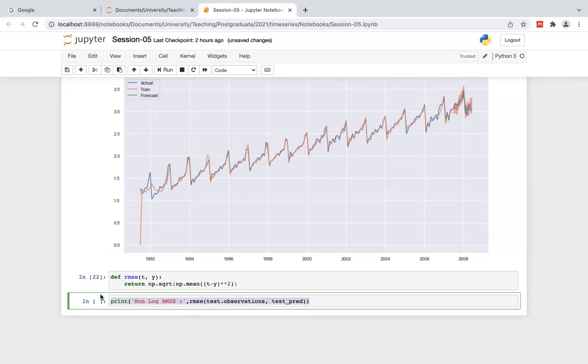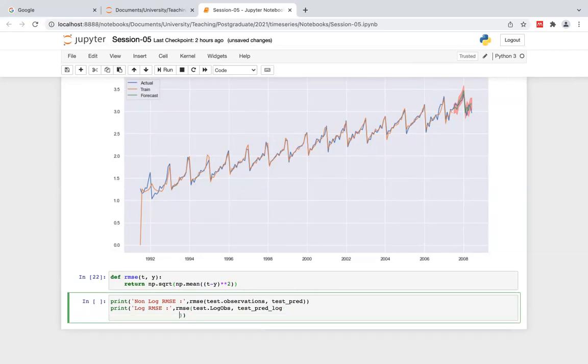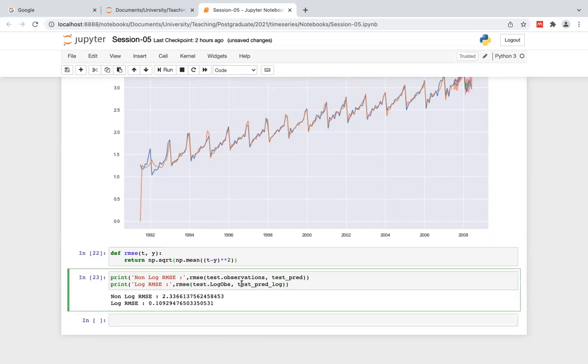Test prediction, this is for non-log. Then go with the log ones. Log observation, test pred. Sorry, we have to actually use the exponential, right? Because it's a log value, then we have to use this NP exp.